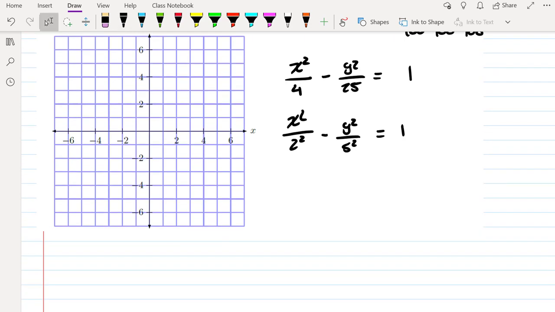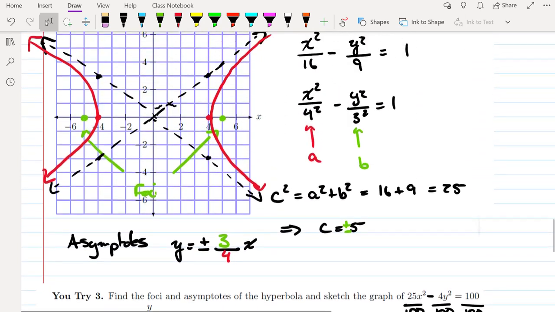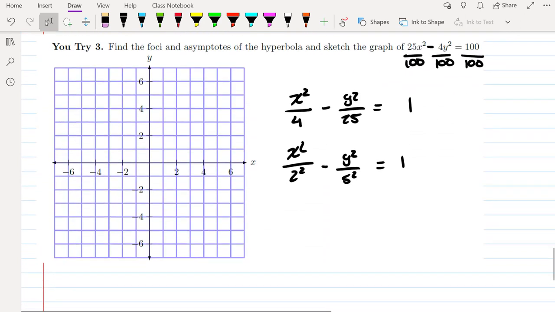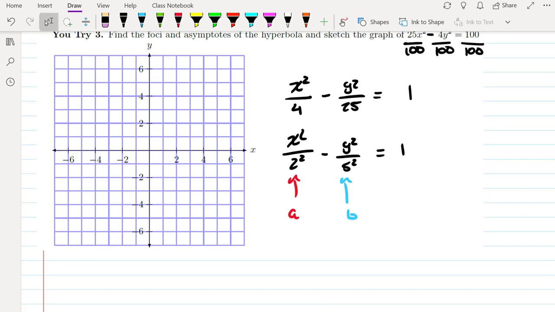So we get, this time, that our a is 2, and we get that our b is 5. If that's the case, then our vertices are at 2 and negative 2.